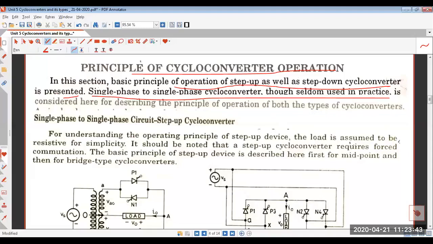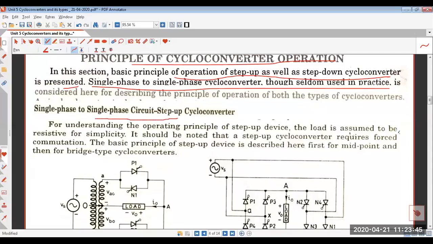Now, in a single phase to single phase cycloconverter, at input as well as at output, you have the same phase, or you can say single phase only. The input supply that you give is single phase, and the output is also single phase, right? Because here we are talking about frequency conversion, right?